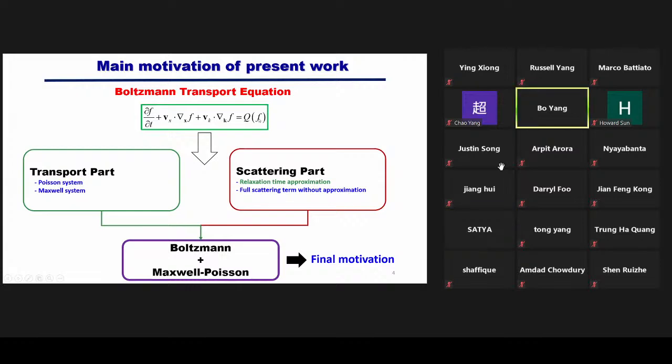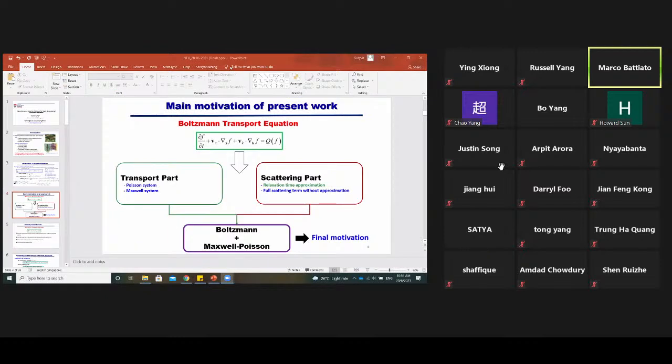Is it just me? I can't hear the speaker. Yeah, I can't hear the speaker too. I have the same problem. Satvir, I think it's a network issue. We can't really hear you. Maybe can you use a wired connection? Are you using Wi-Fi?